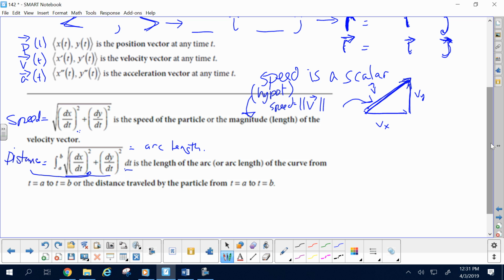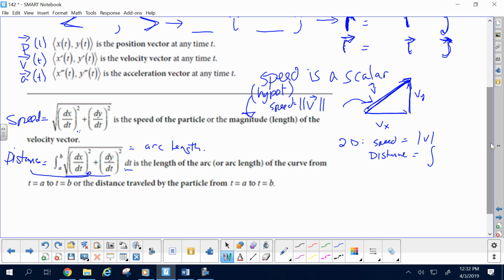And then just like in two-dimensional Calc 1 movement, speed is the absolute value of velocity. When I talk distance, then it's that same kind of thought process. I'm not talking displacement. I don't care about how far it went right and how far it went left.